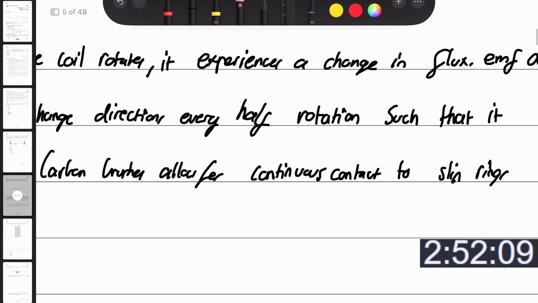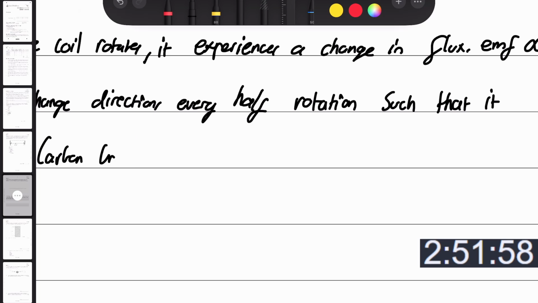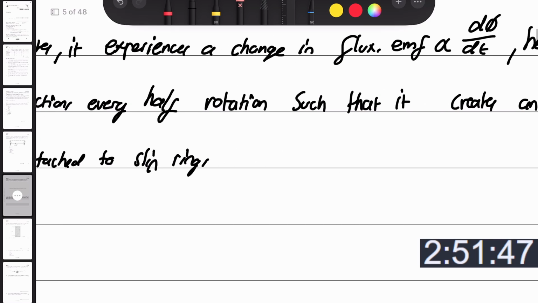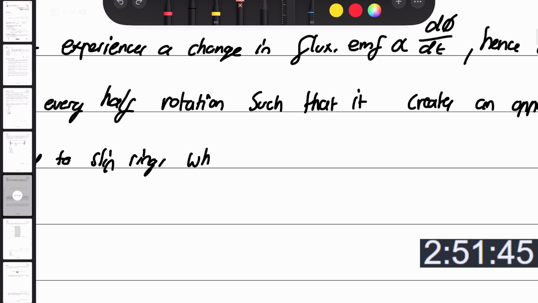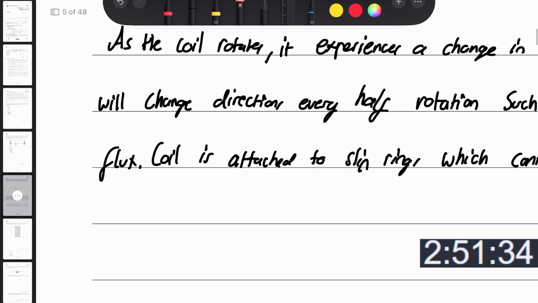Slip rings rotate with the coil, which is attached. Slip rings contact stationary carbon brushes, hence creating an alternating current.